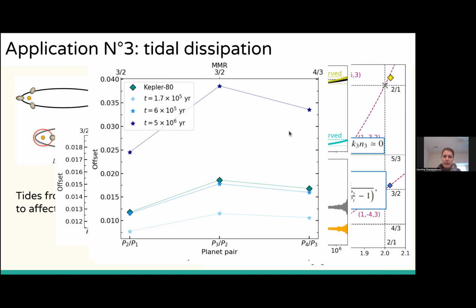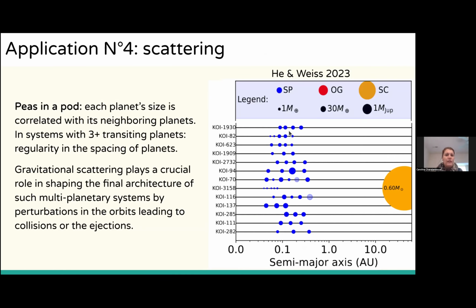And the final application that I wanted to share is what happens after the dissipation of the gas, when we don't need to be in resonance or close to the star to have tides from the star. We can be anywhere.